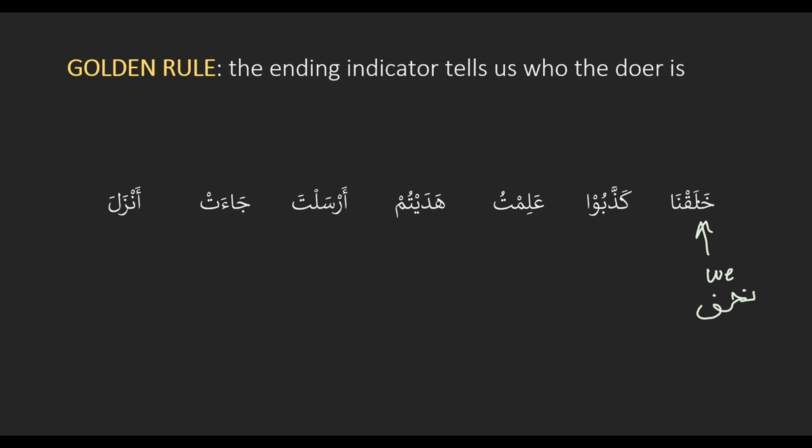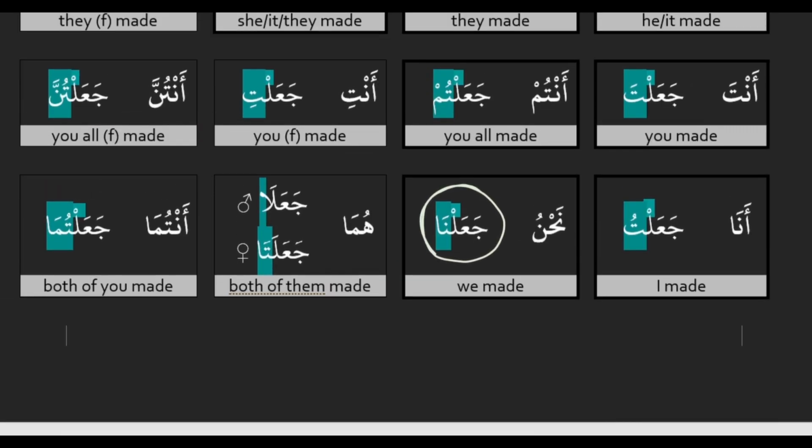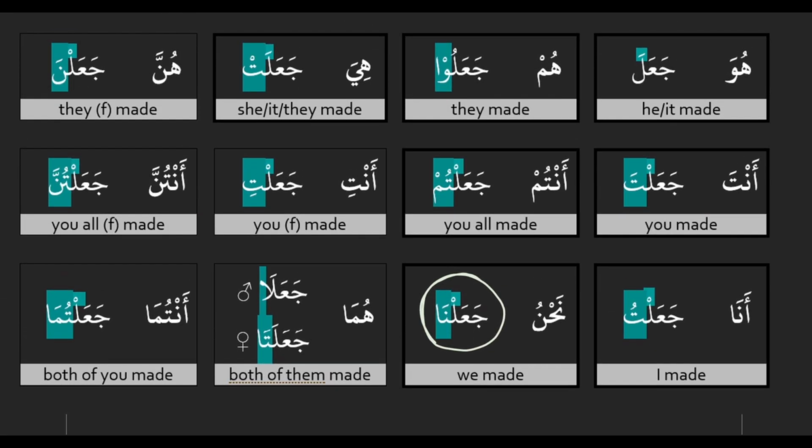كذبوا. My ending indicator is the alif. Not the alif, no. But there's an alif? There is an alif, but if you actually look at our ending indicators, most of them are made up of more than just one letter, one element. Also, if you have your vocab memorized, it'll be very easy to tell what the base is.